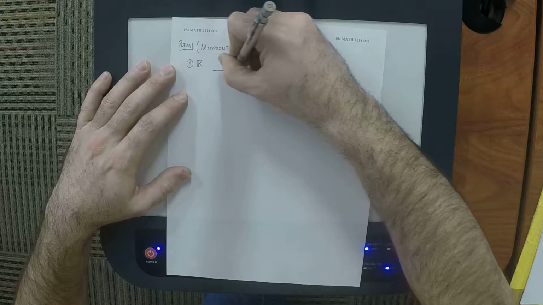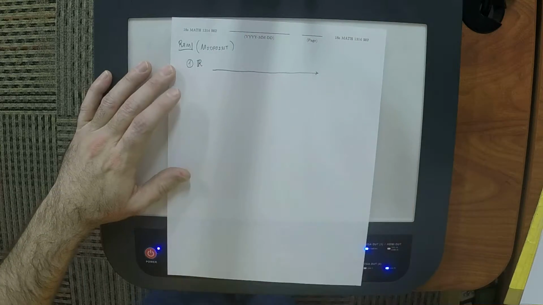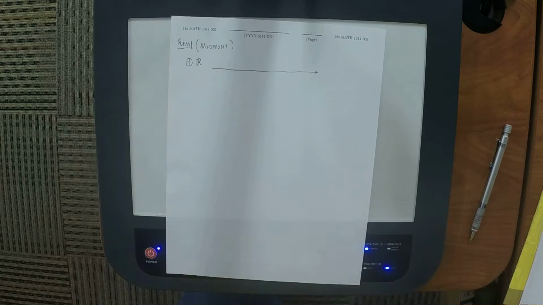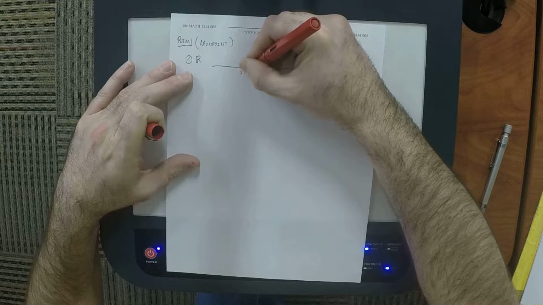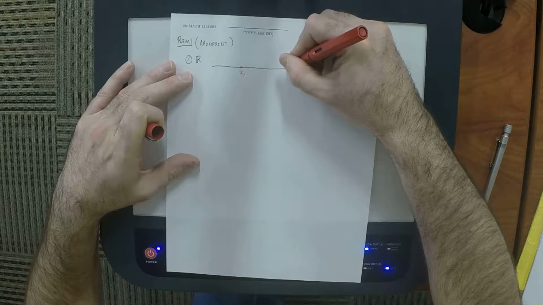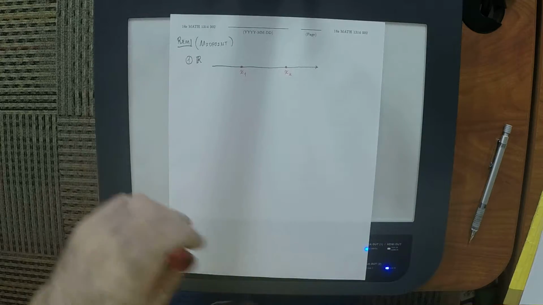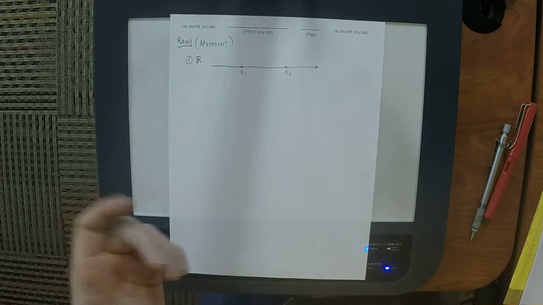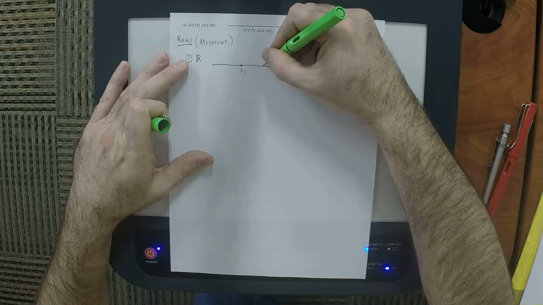So suppose that we have a line, or a copy of the reals, and it's represented horizontally like so. And suppose that we select 2 points, x1 and x2. Midpoint is referring to the point that's exactly in the middle. So this point right here.